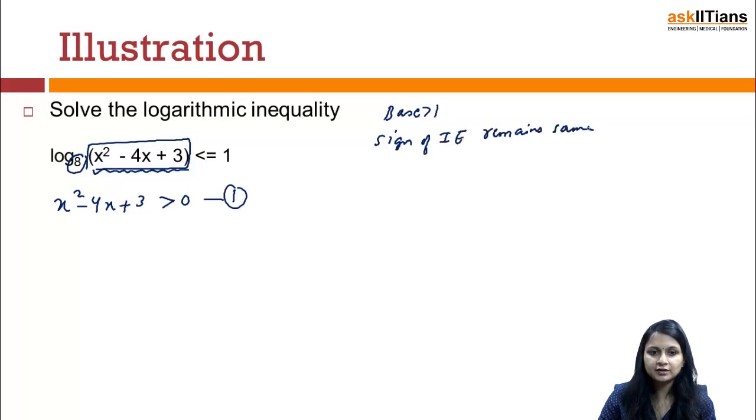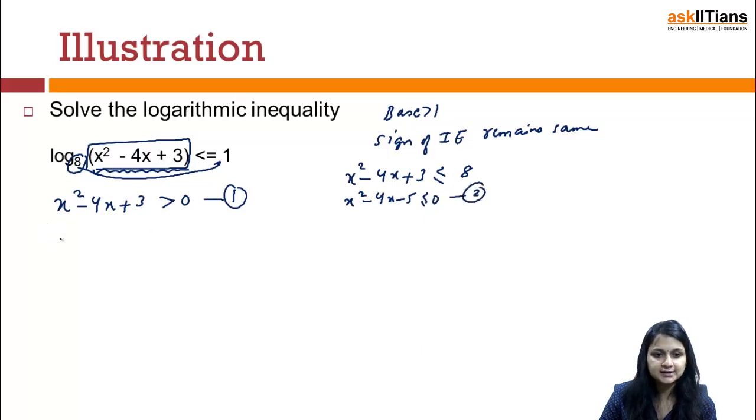So when I move the 8 to the right hand side, putting it as 8 raised to the power 1, this becomes x square minus 4x plus 3 less than equal to 8 only. So here I will be solving x square minus 4x minus 5 less than equal to 0. So let's solve the two inequalities and get the final answer. This will give me x minus 1, x minus 3 greater than 0. So I will plot the critical points 1 and 3.